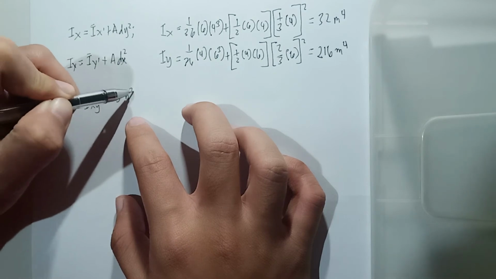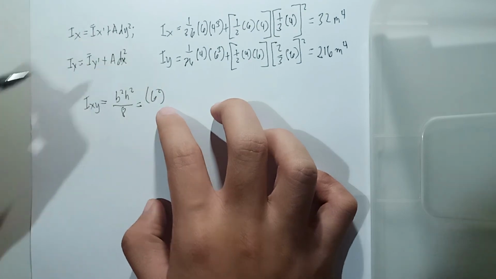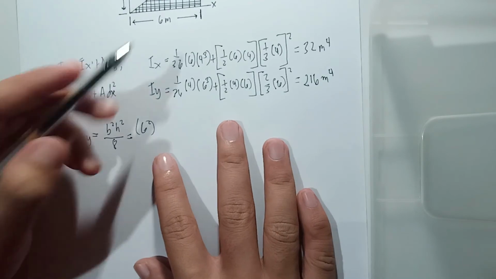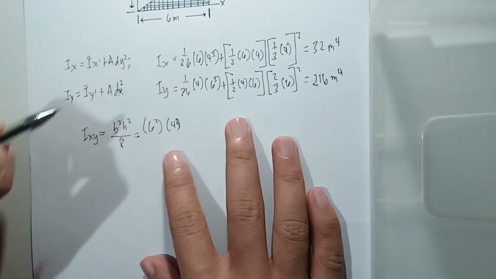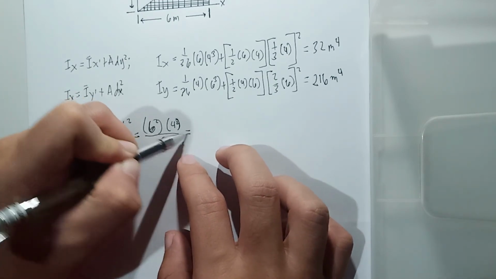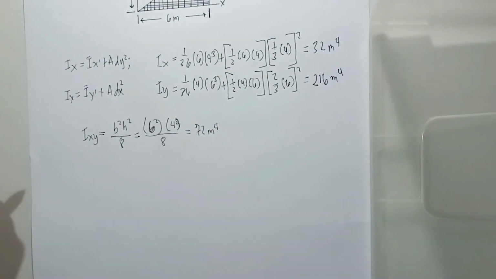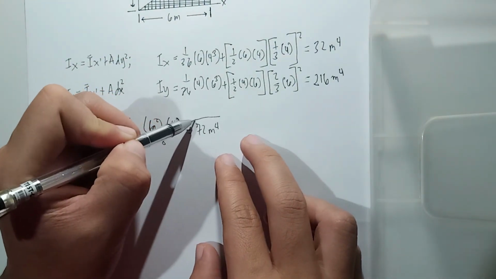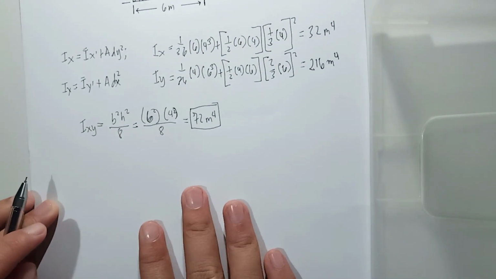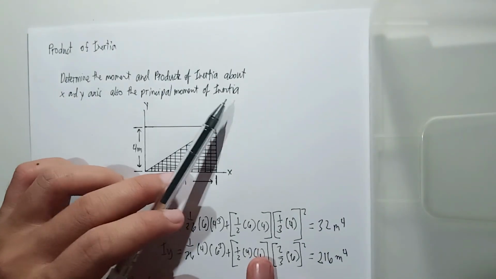It is equal to 6 squared, which is our base, times our height 4 squared, over 8, which is equal to 72 meters to the fourth. So this is our product of inertia.